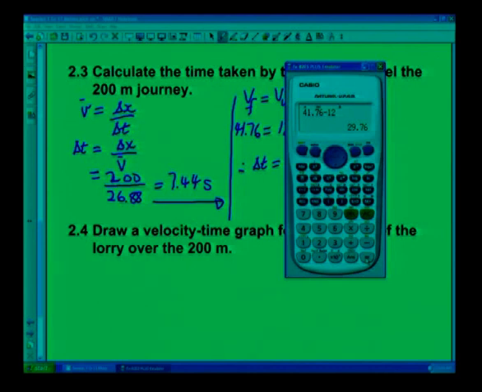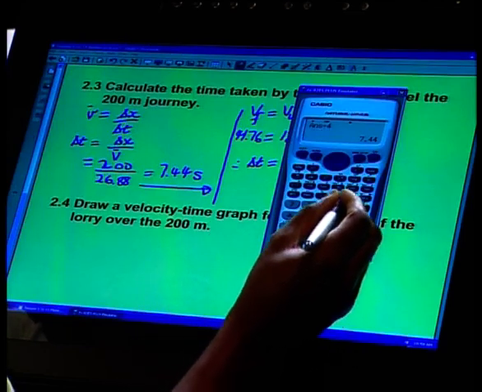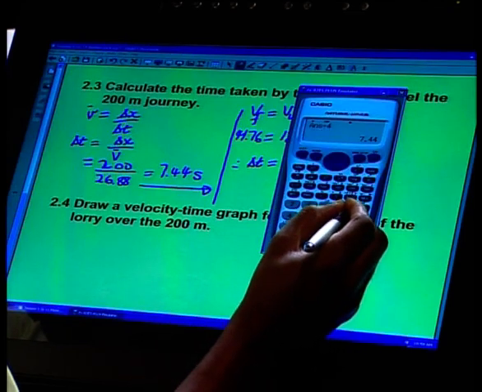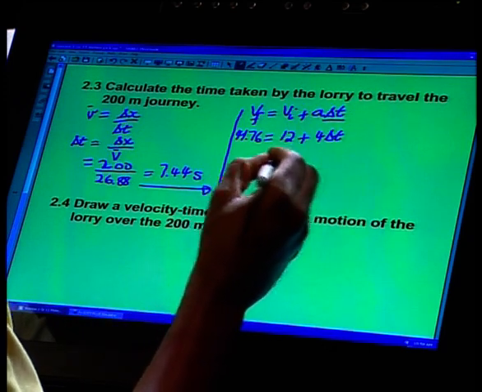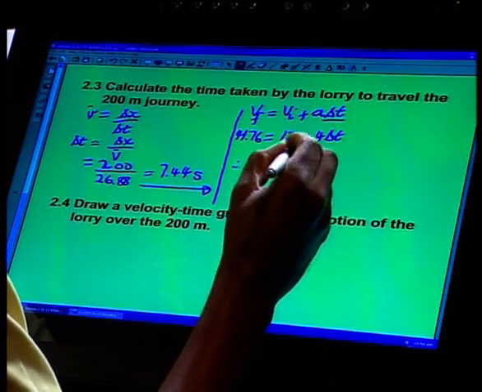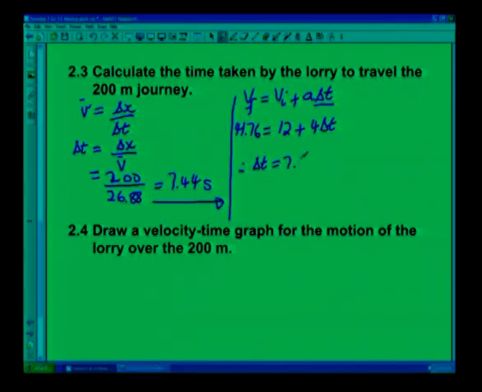So 29,76, that is going to be divided by 4. And what do we get? 7,44. So that proves that our calculation is all right. So delta t equals 7,44 seconds.